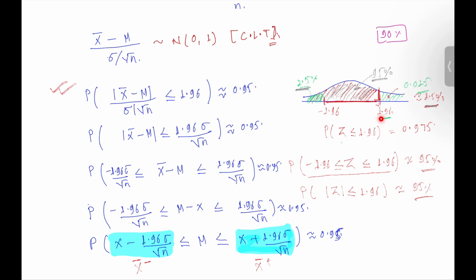so this part has the probability of 2.5%. So in order to construct the 90% interval, you want to have this part as 5%, and this part will be 5%, and this interval will have 90%. So you just need to see this, right? And if this is 5%, then this probability will be 95%, right?